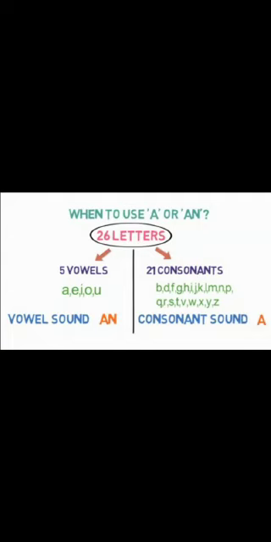A, E, I, O, U. And the consonants are B, C, D, F, G, H, J, K, L, M, N, P, Q, R, S, T, V, W, X, Y, Z. And do you know, children, before the sounds of vowels we use an, and before the sounds of consonant words, we use a.